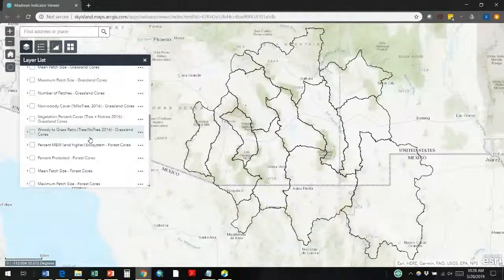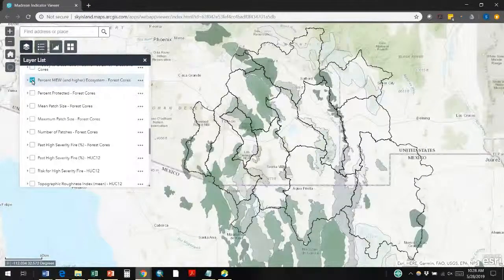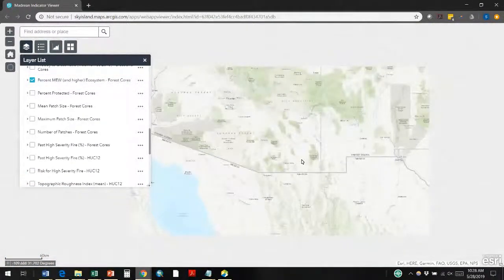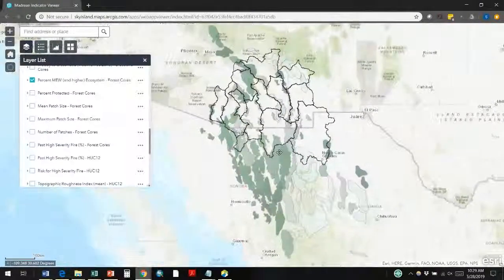And then we move on to the forest cores scale. And for those, the forest cores are really aimed at the Madrean evergreen woodland ecosystem. And those actually do cover the whole Madrean Watersheds pilot area and go a little bit outside of it actually.